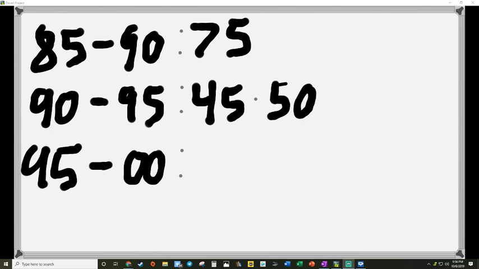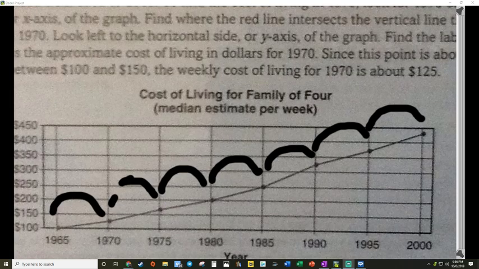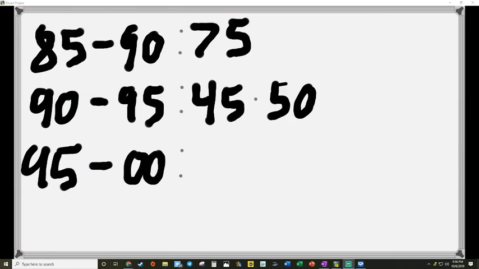And the last one is 95 to 2000. 95 is about 375 and 2000 is about 425, so it's about 50 to 55.